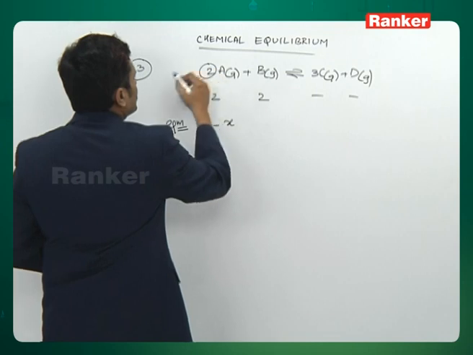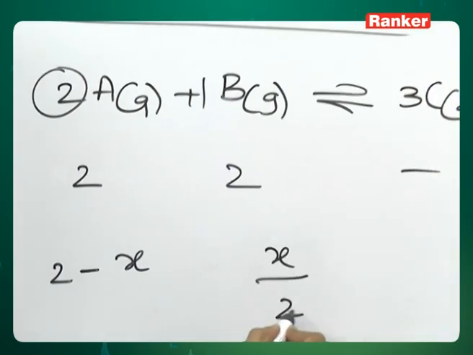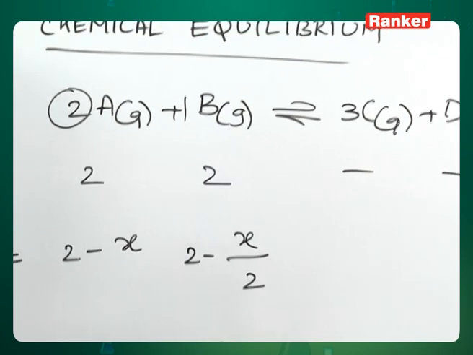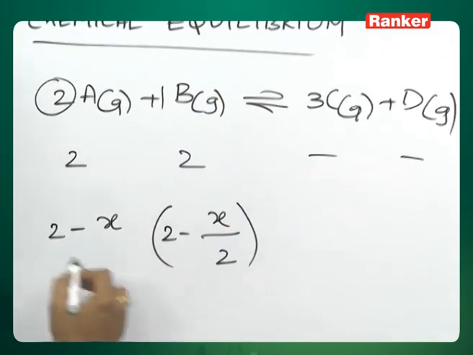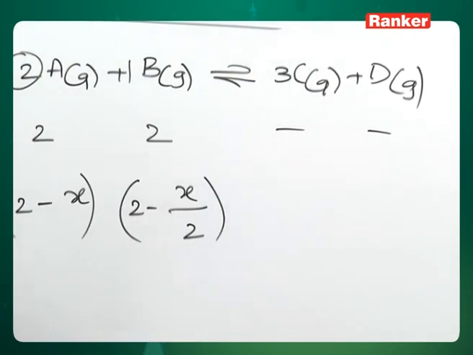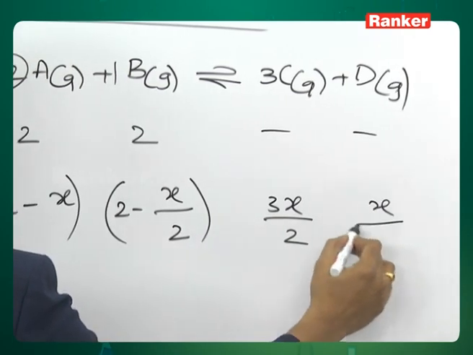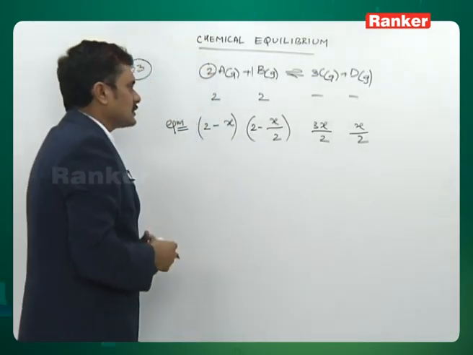For every 2 moles, you can see 1 mole of B has reacted. For every x, we can anticipate only x by 2 to react, the remaining will be 2 minus x by 2. For every 2 moles, we are getting 3 moles. For every x, 3x by 2 moles of C and x by 2 moles of D are obtained.